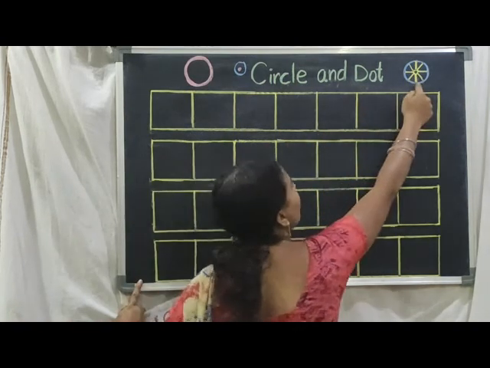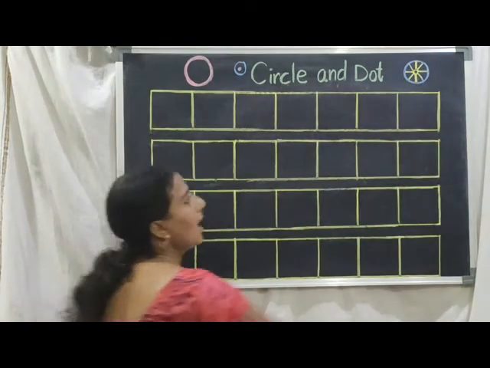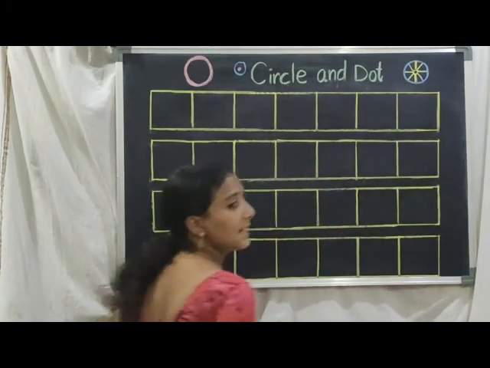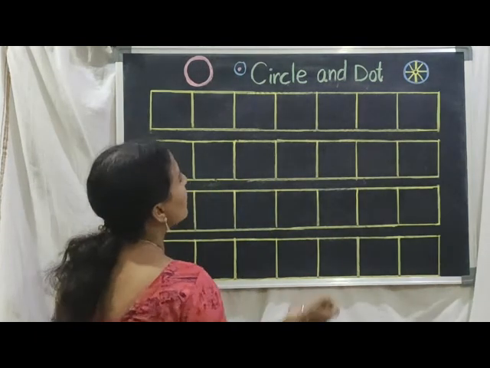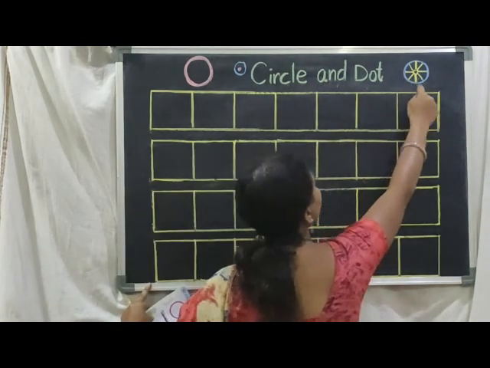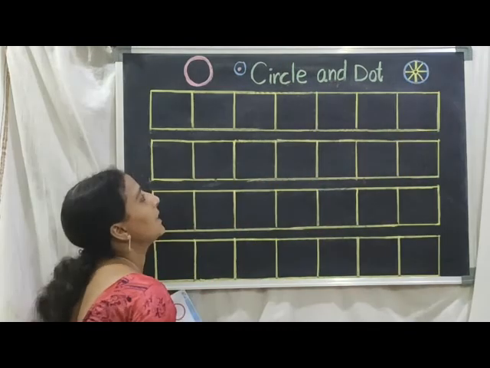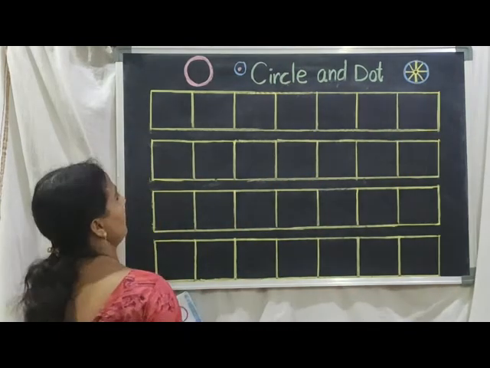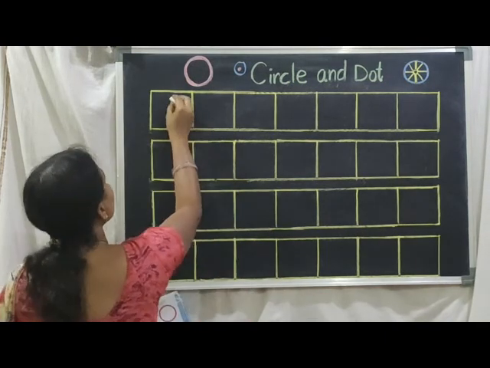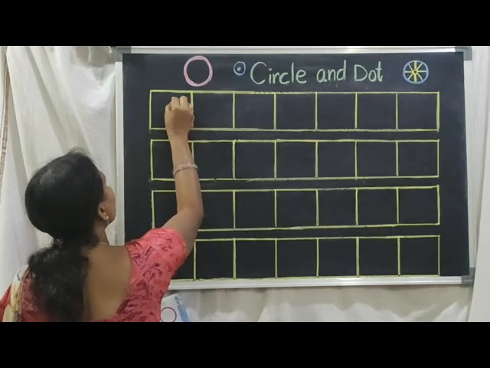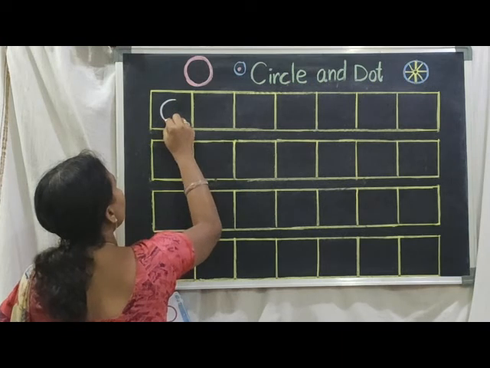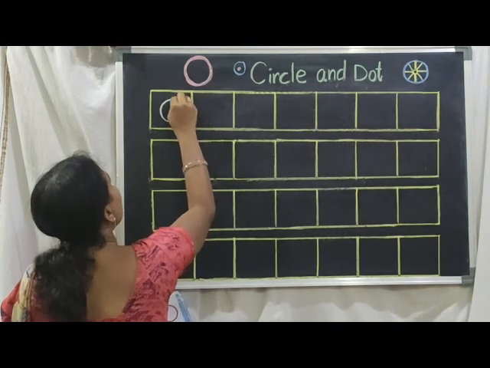Look here, children, what is this? How is it looking? This is a wheel. So, what is the wheel shape? It is a circle. Look here, children, here in your book, already you have the circle.